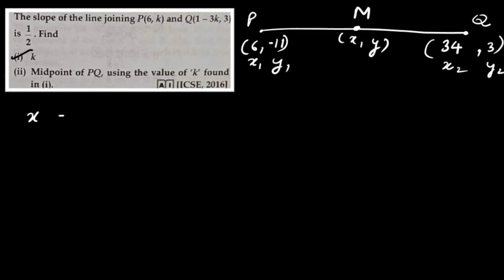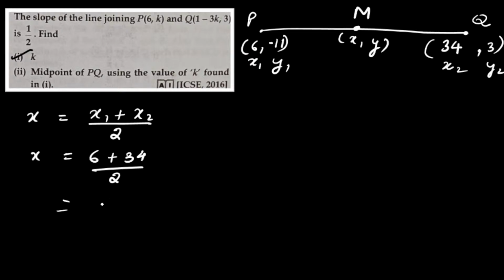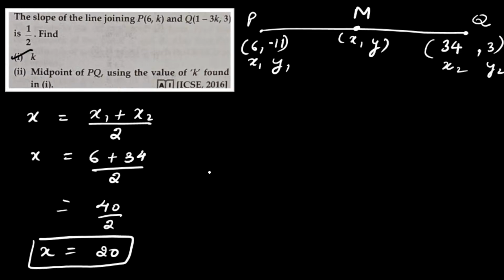The midpoint formula for the x coordinate is x1 plus x2 by 2. So x1 here we have 6, x2 is 34. So 6 plus 34 divided by 2. 6 plus 34 is equal to 40. 40 by 2 is equal to 20. So x is equal to 20.